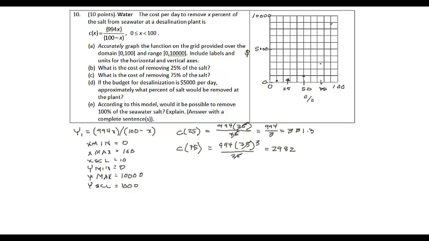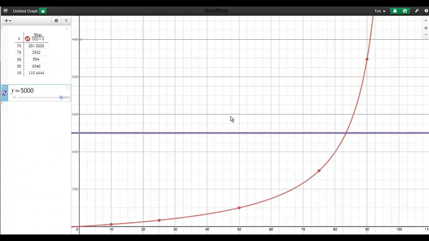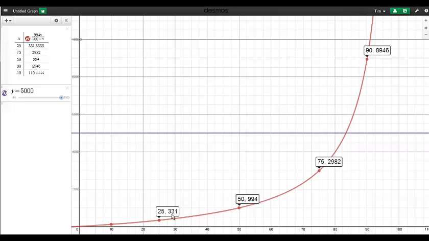So my graph, and I want to be as accurate as possible, and it does this, and it's really curving up. And if we look at the graph, again, here's my point, 90, 8946, here's a point, let's see if we can get that, 2982, at 50, we have 994, here's the 25%, 331. So you see a curve like this.